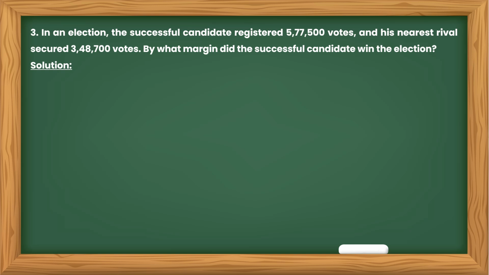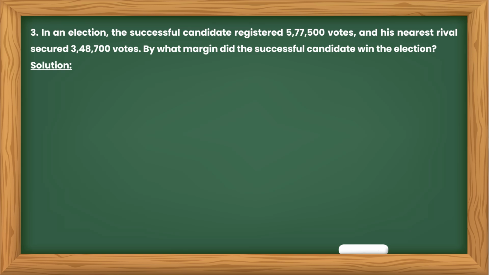Moving on to the third question. In an election, the successful candidate registered 5,77,500 votes and his nearest rival secured 3,48,700 votes. By what margin did the successful candidate win the election?